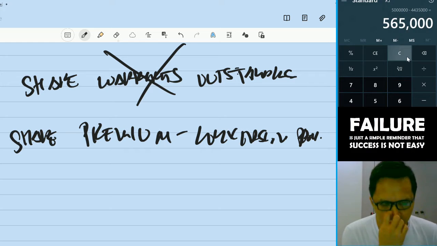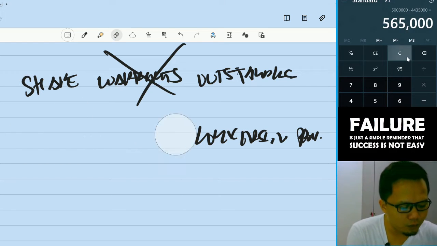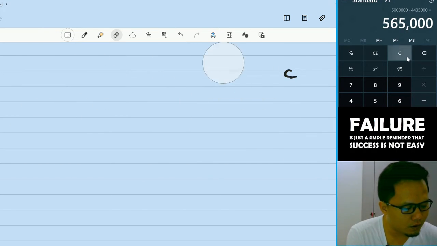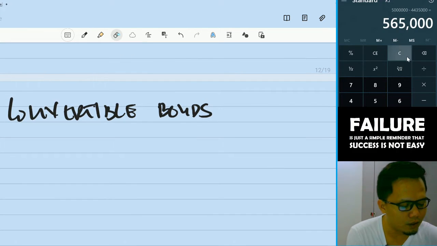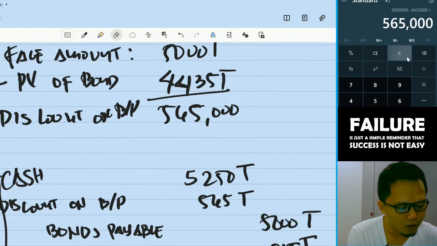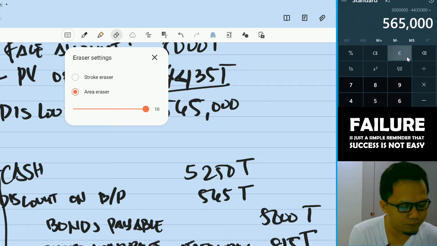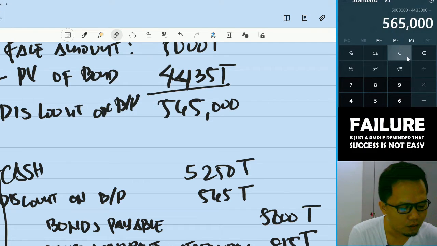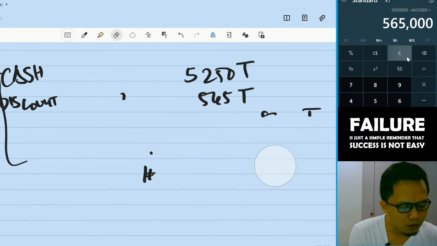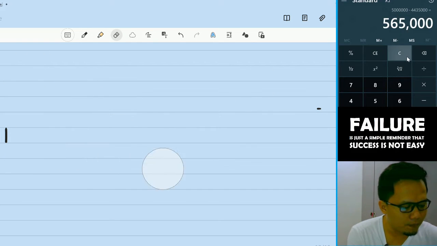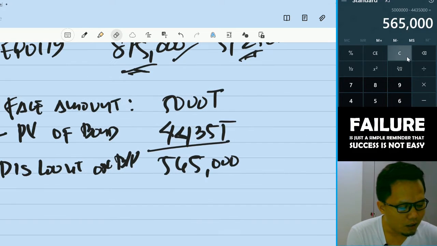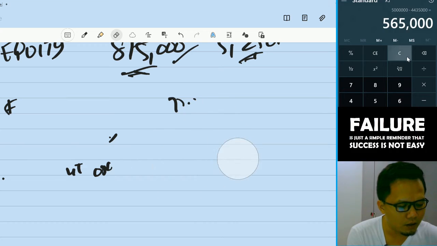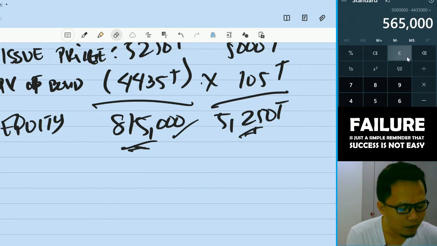Okay? So, let's go back to our example. What if this is no longer a share warrant, but rather a convertible bond?